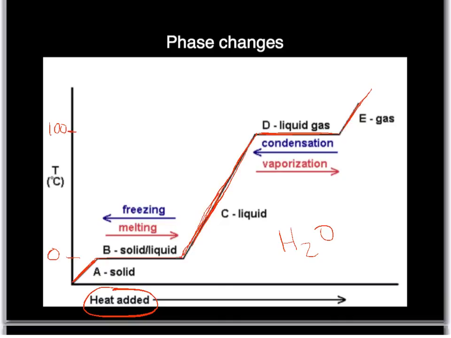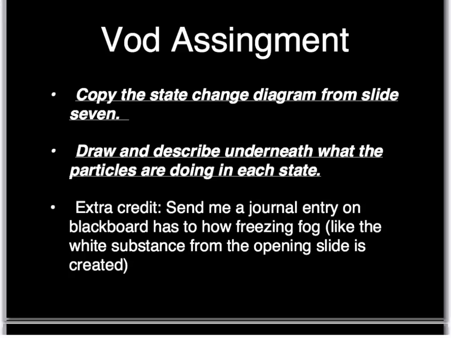Okay, so your VOD assignment for tonight, which you need to bring into class for our next class period, is to copy the state change diagram from slide 7. So the state change diagram, that is your 3 containers of the solid, liquid, gas, and all the movements going on there between those, and what those movements are called.